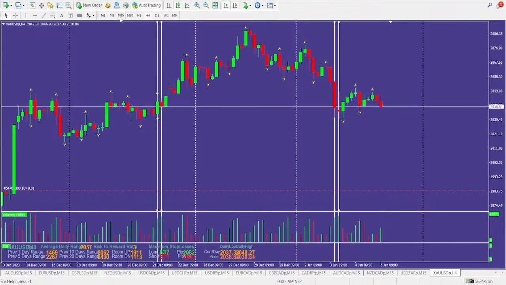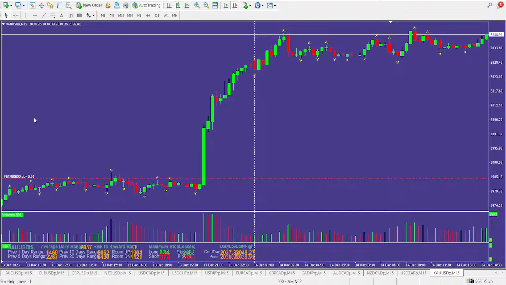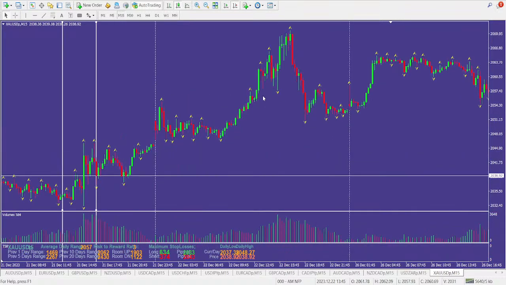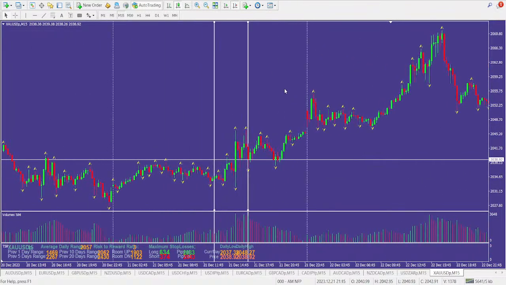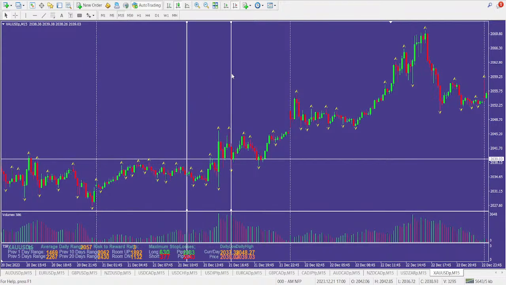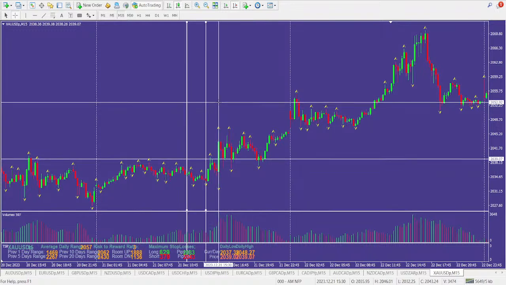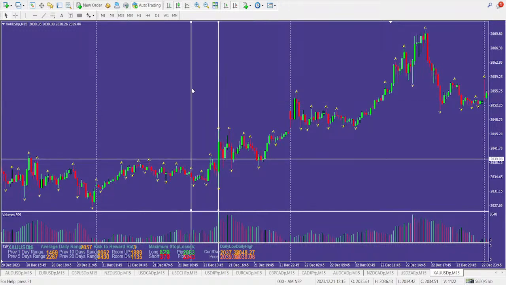December 21st, so M15. Okay, so we've got a high volume spike over here where price pushed up with high volume. The 1530 candle. Then another level over there where price pushed up with high volume, and this one over there.